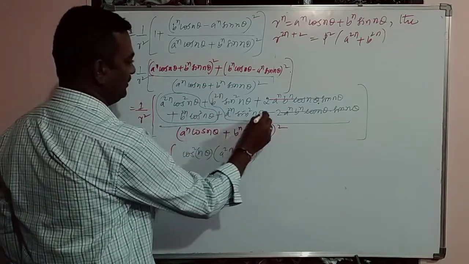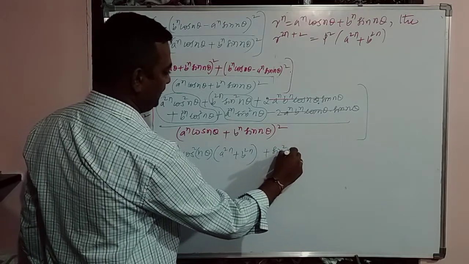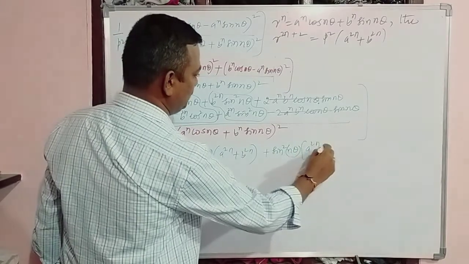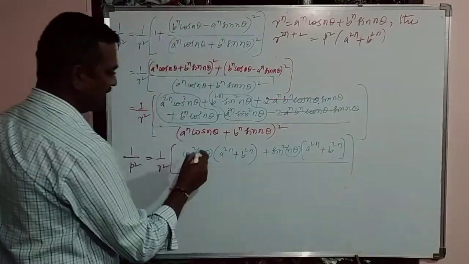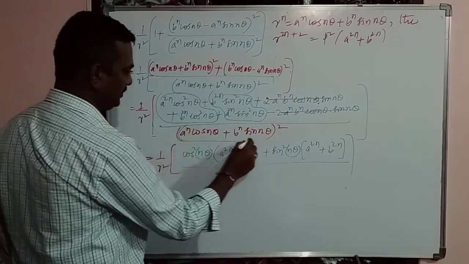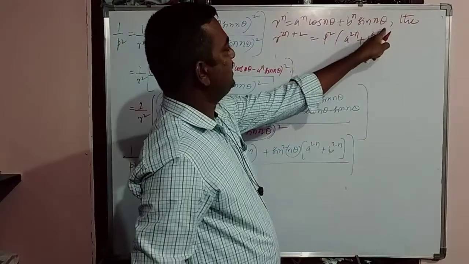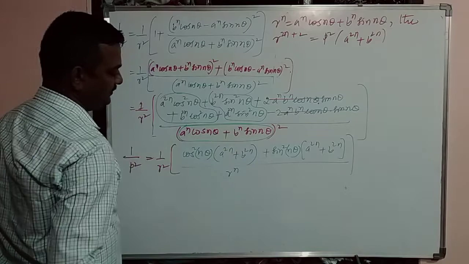Again in these two terms, sin square n theta is common, you will get a raised to 2n plus b raised to 2n divided by, student, this total is equal to a raised to n cos n theta plus b raised to n sin n theta is equal to r raised to n.